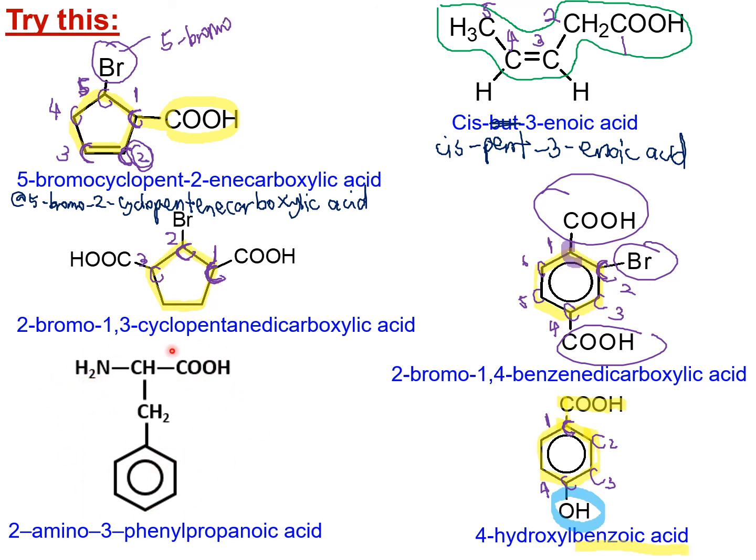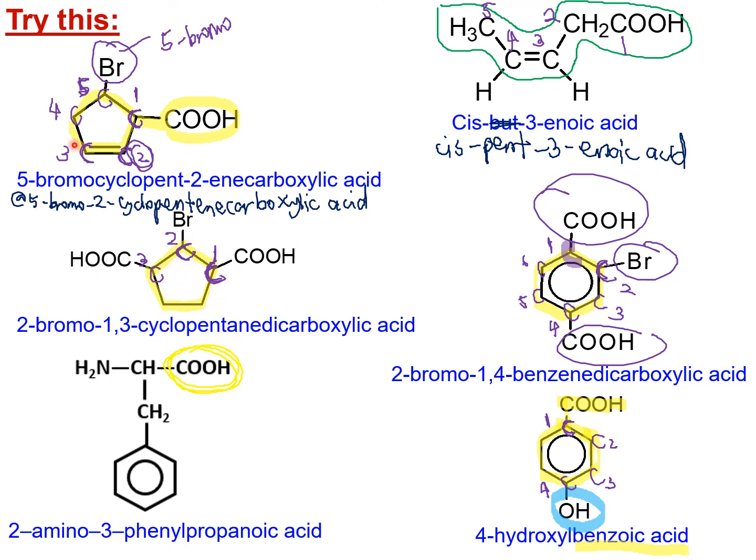Ada benzene, ada COOH, ada NH2. Tapi when it comes to name this organic compound, you have to prioritize the COOH. Okay, kita kena prioritize COOH. So since that we are prioritizing the COOH, so untuk tahu nama parent dia, you need to find the longest carbon chain that is directly attached to the COOH.